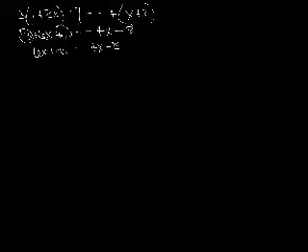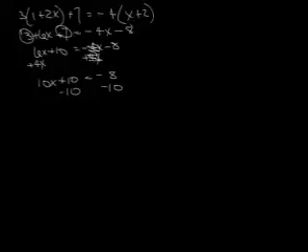Then I'm going to move my x's together. It's a minus 4x right there, so if I add a 4x, that'll make that 0, and I'll add a 4x there, so it makes these go away. So I get 10x plus 10 equals negative 8. Well, now I have to get rid of this 10 because I'm trying to get my x by itself, so I subtract 10 from both sides.